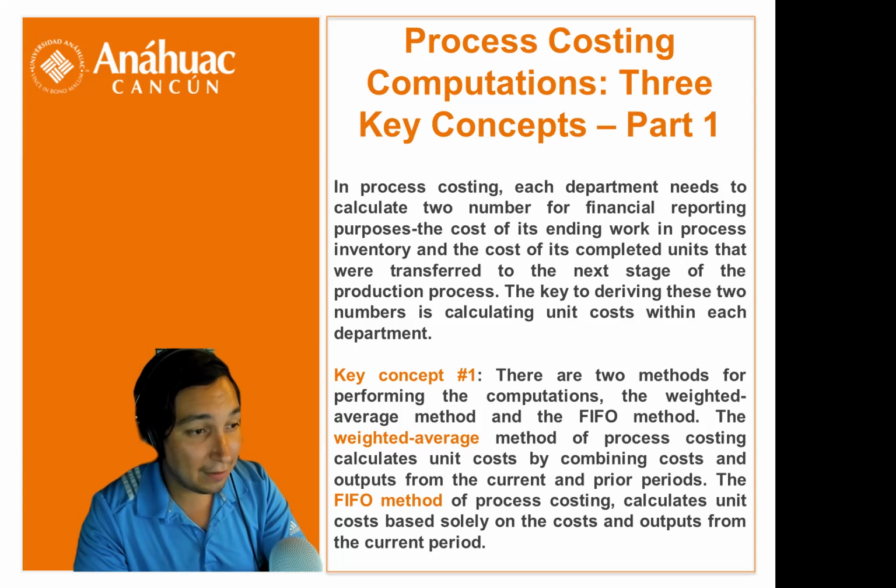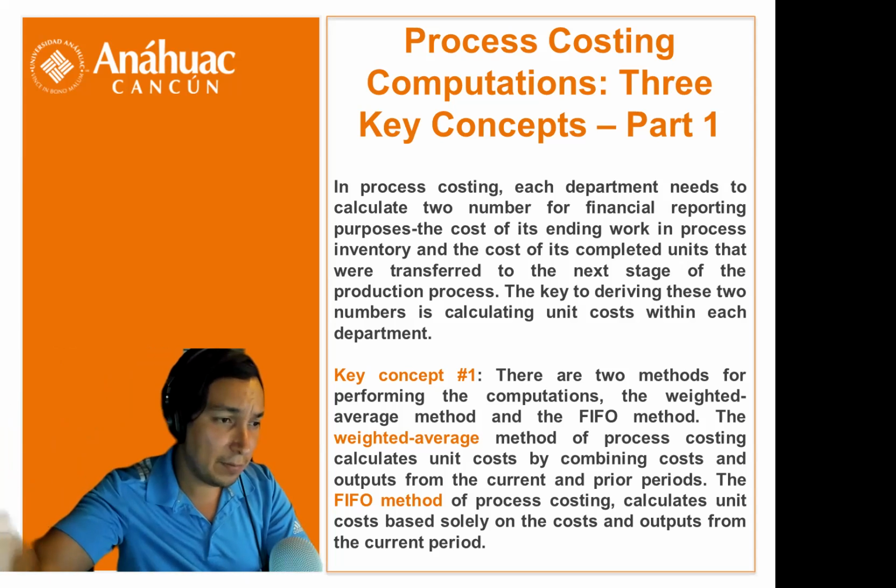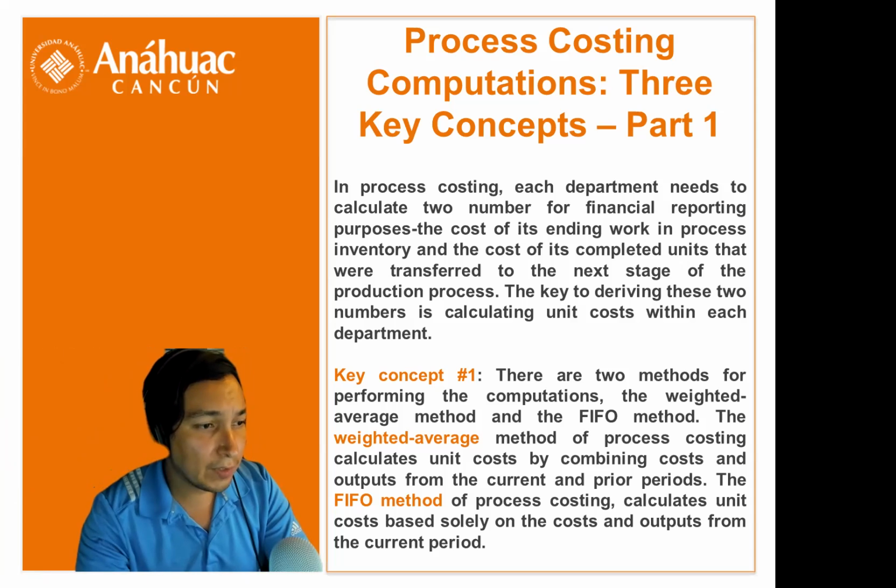This is not an accounting course. The weighted average method calculates unit cost by combining costs and outputs from the current and prior periods. When we get to the costing part, you will see that it's easier.